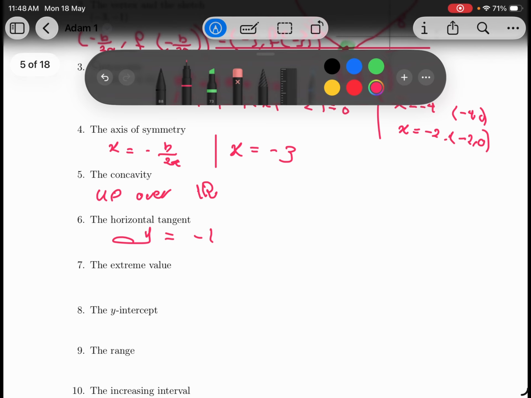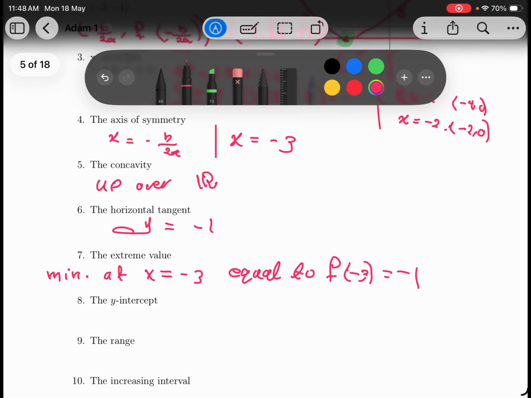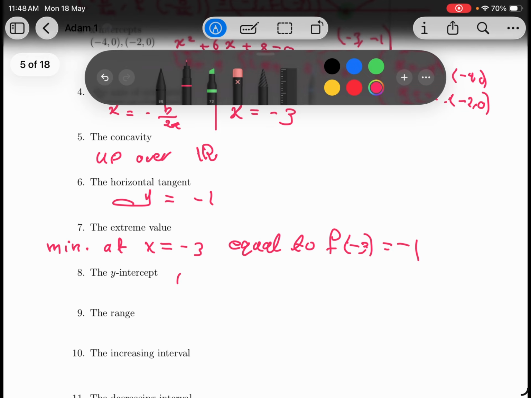I will classify this as the minimum value at x equals minus 3, equal to f of minus 3, which is obviously minus 1, which is basically the vertex. Say it occurs when x equals minus 3 and equals f, the image of minus 3, which is obviously minus 1. Y-intercept, it's trivial, it's (0, 8), which is (0, c).